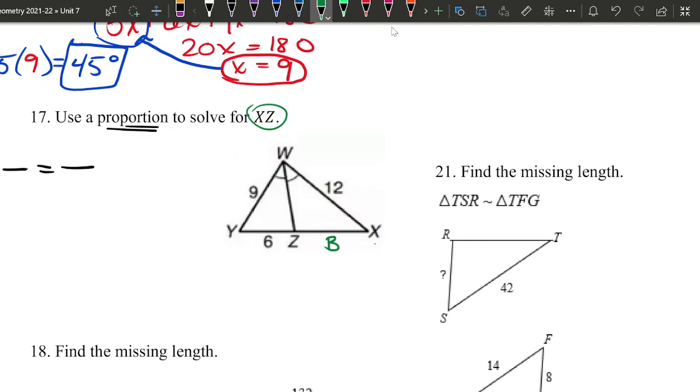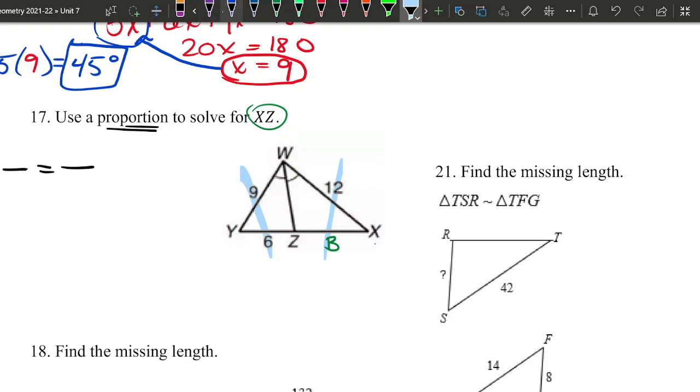You can set up this proportion in 2 different ways. You can compare those pieces to these pieces, or I like to compare one triangle to the other triangle. Either way, you're going to get the same answer. It doesn't matter. Whichever way makes more sense to you, but they both work, as long as you're consistent with how you set them up.